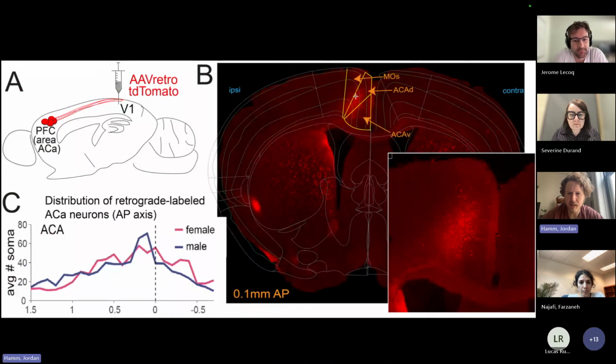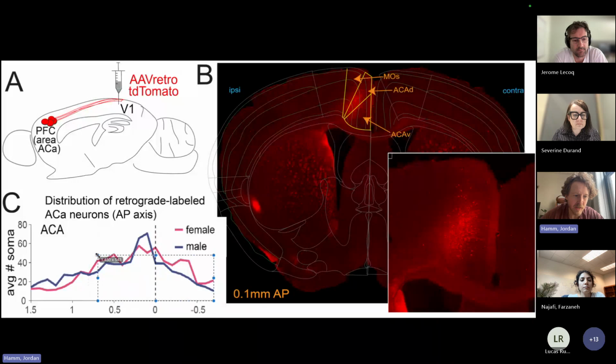So we injected in V1 and then counted the number of somas, and this 0 here is bregma. We're just counting somas, but it's really in this first, let's say, 0.75 millimeters that you have the most cell bodies.